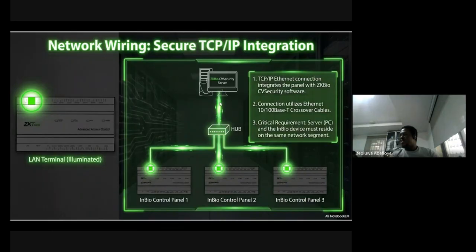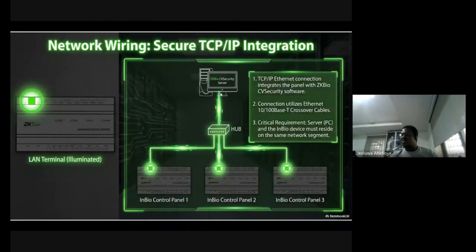How many of us know Cat6 cables? Raise your hand if you know Cat6 cables. As an installer, you need to know what a Cat6 cable is. And one of the first things you'll be doing if you are selected is to crimp a cable in the offline section, the offline trainings we'll be having for those that will be selected. One of the first activities you'll be doing is to learn how to crimp cables.